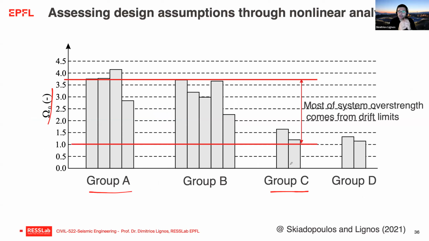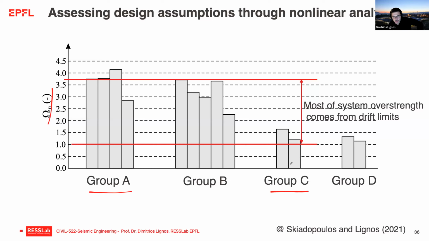Because I impose a drift limit, I will need to increase the moment of inertia of my members. And because I'm already satisfying the strength requirements, I will have bigger members than what I need for strength. And that creates additional overstrength in the corresponding design.